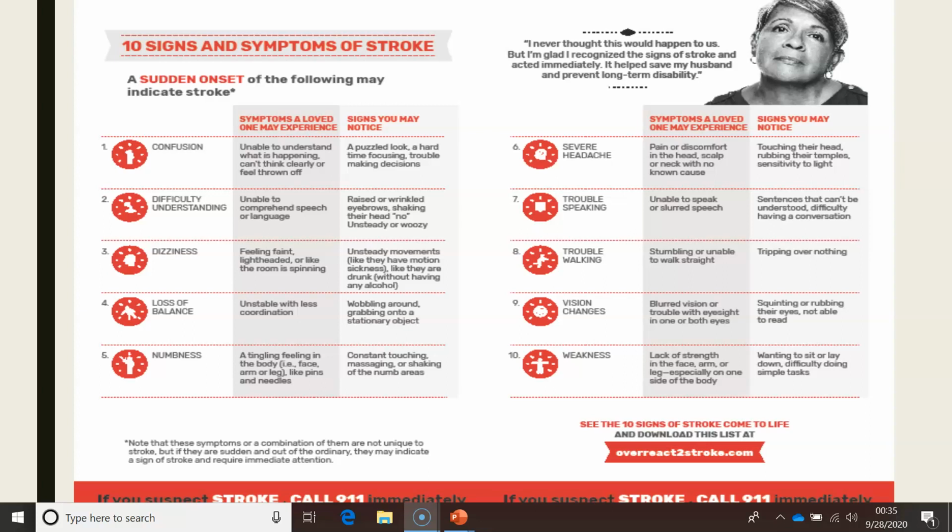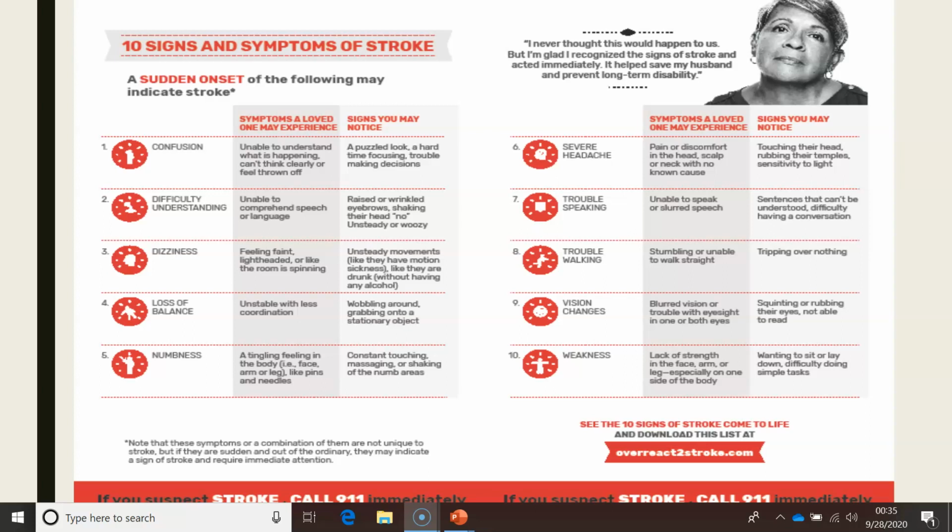This is a poster that is seen in a lot of doctors' offices. It's from the American Heart Association. It talks about calling 911 if you suspect that your loved one has had a stroke. But if you look at these 10 signs and symptoms of a stroke and then look at the key features of a transient ischemic attack on chart 45-1, they're the same.